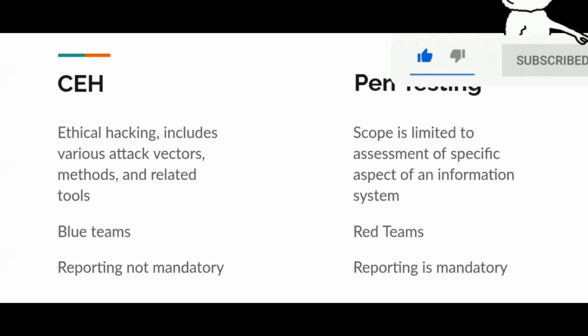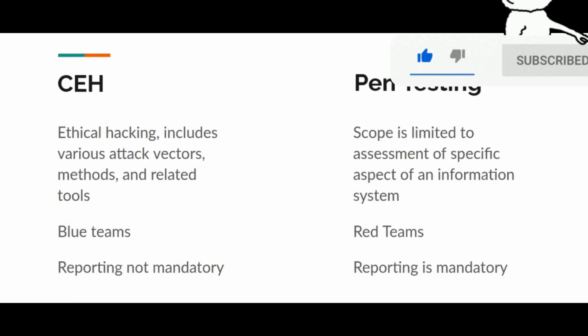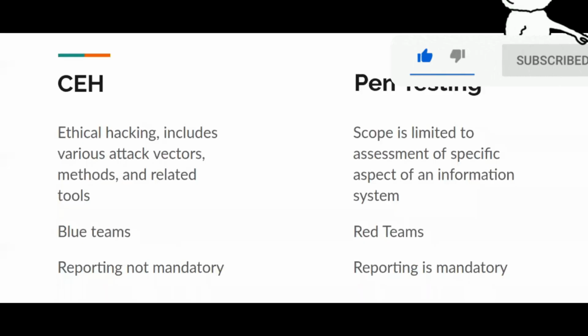So generally, you would find that CEH are part of blue teams, and pen testers are part of red teams. As far as reporting is concerned, it is not mandatory for ethical hackers, whereas for penetration testers, it is mandatory. And whenever a report is generated after doing a security assessment of a system, it is kept very, very confidential, and it should not get into the hands of people with malicious intentions.